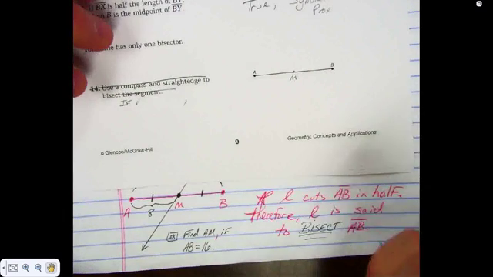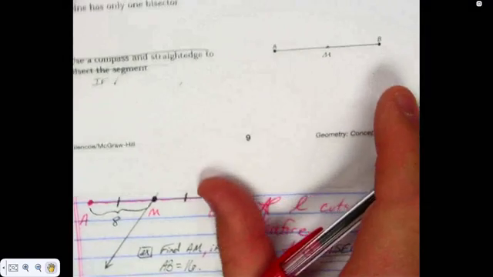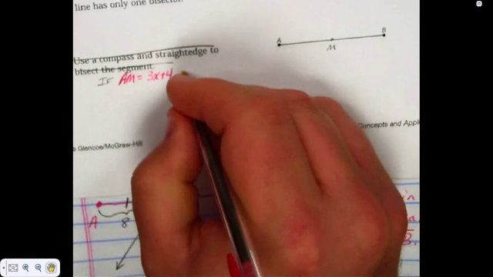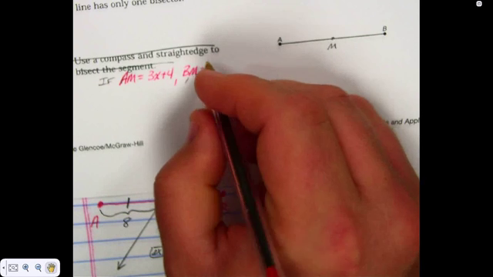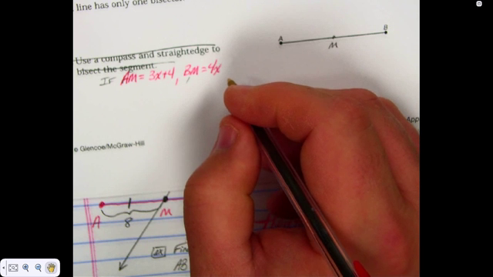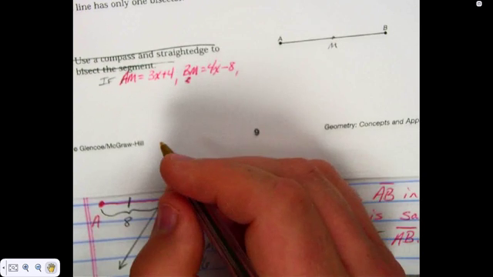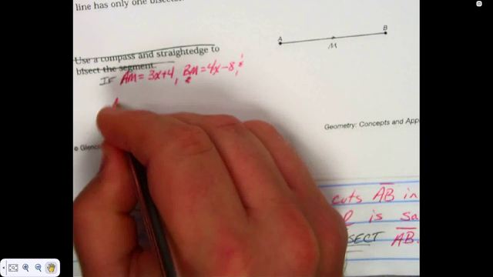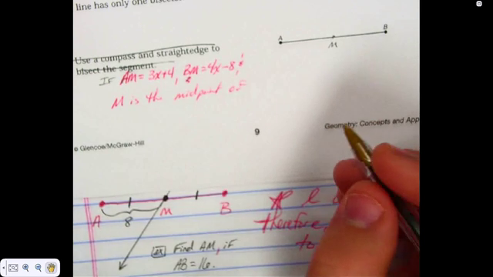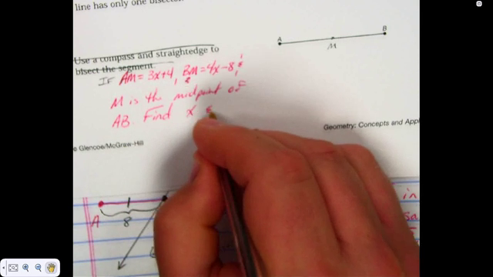So let's say if AM is equal to 3x plus 4, BM is equal to 4x minus 8, and M is the midpoint of AB, find X and AB.